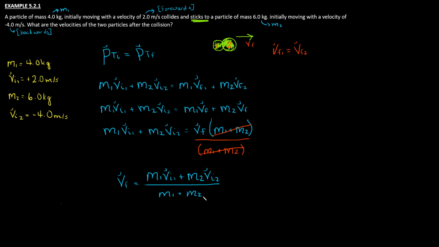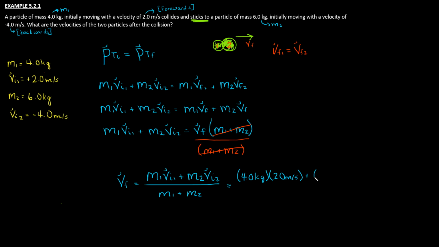Okay, and again, this is where those directions that we've indicated at the beginning become very important, because if you don't indicate one of those velocities as negative, then you're going to end up with a greater initial momentum than we actually have, right? So your m1 is 4 kilograms, your vi1 is a positive 2 meters per second.